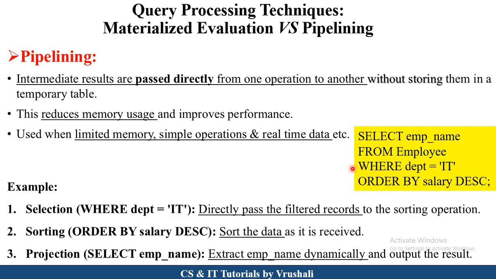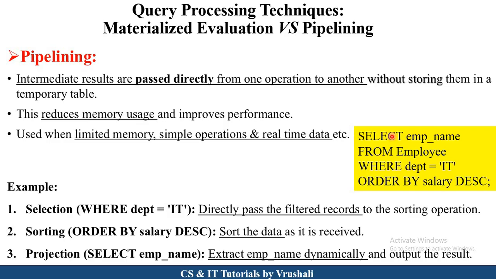Now it first executes the where clause. It fetches all the employees who work in the IT department from the employee table. Then this result is sent to the order by clause through pipelining. This is an already built-in component. Now the order by clause orders all the employee names as per salary in descending order. Now it sends data through pipelining to the select query.